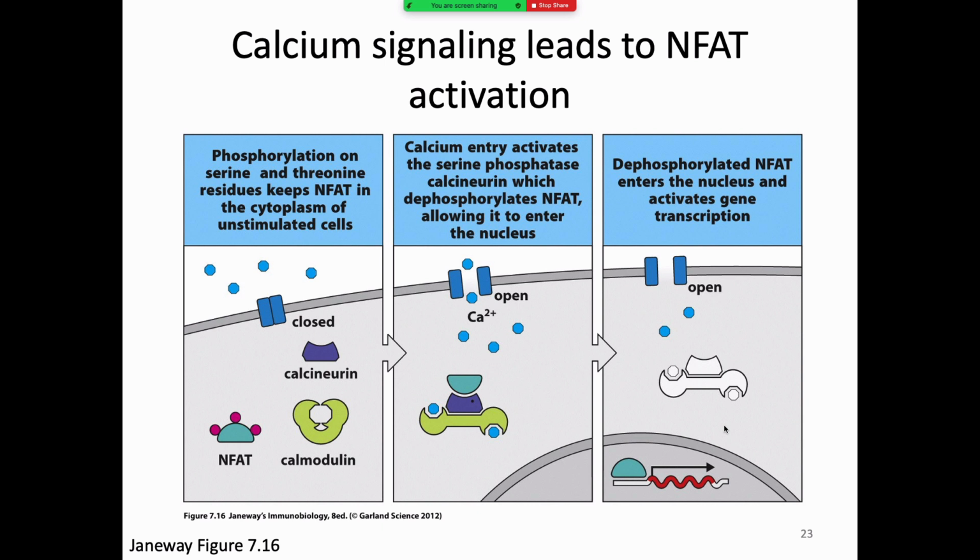And now NFAT can go into the nucleus and begin transcription. And so now we have actually turned on our second transcription factor, which is NFAT. So the calcium release leads to Calmodulin and then calcineurin activation. That leads to the dephosphorylation of NFAT. NFAT goes to the nucleus, does transcription.